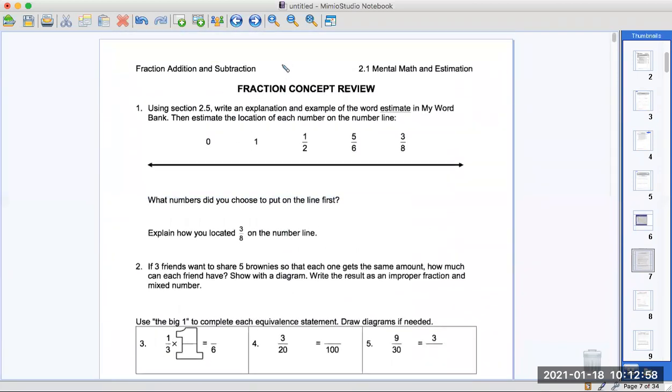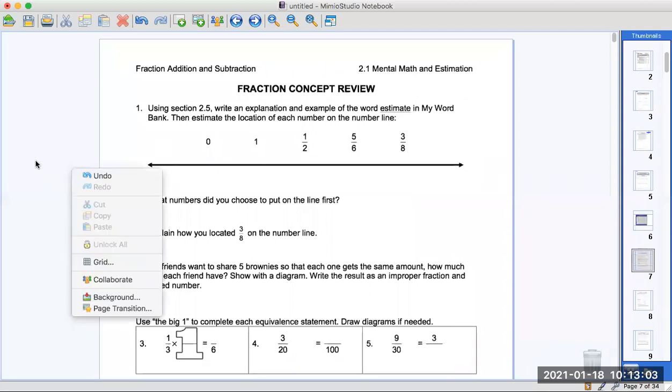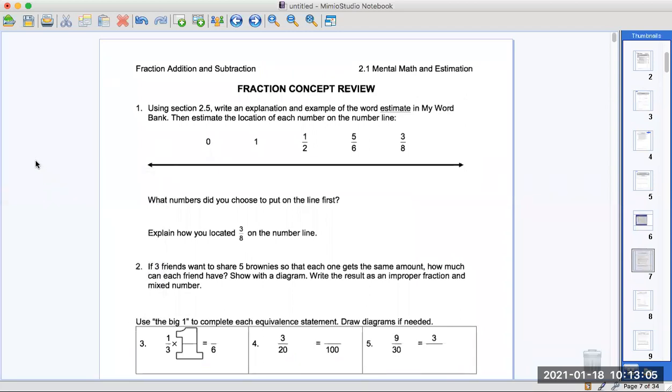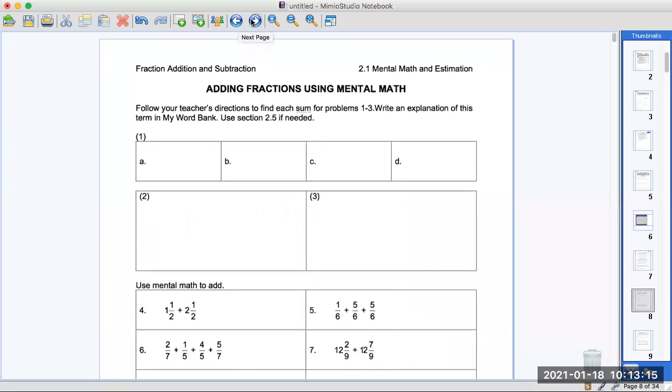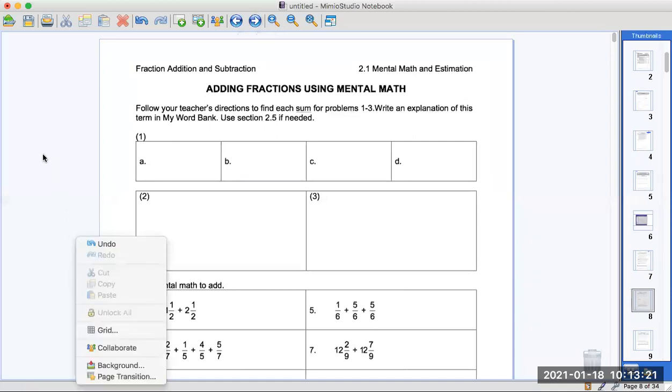Then this page right here, we're on page 3. Yep, page 3 is going to be notes. Page 4 is notes and homework.